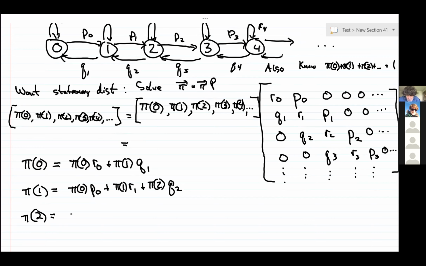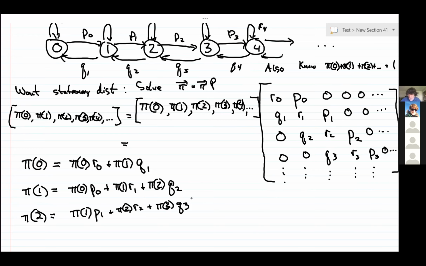But pi 1 times p1, plus pi 2 times r2, plus pi 3, the fourth one over here times the fourth one over here, q3. And after that, there's only zeros in this column after that. So this is all you're going to get.